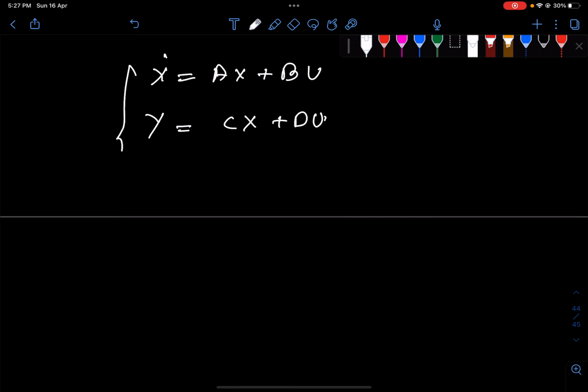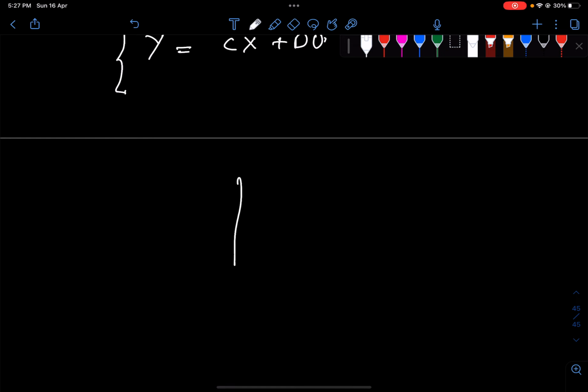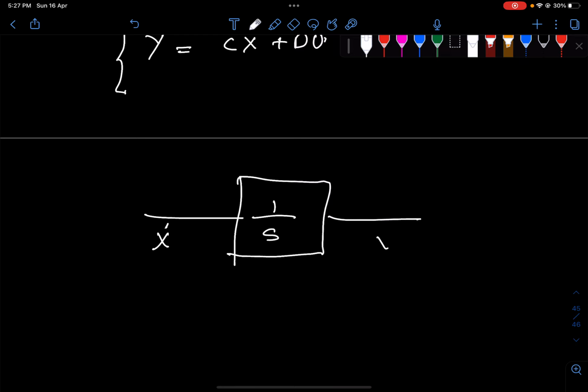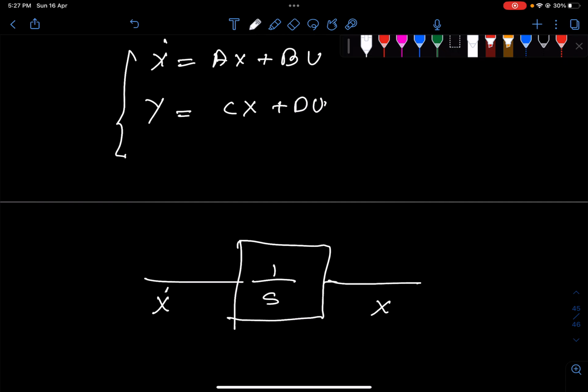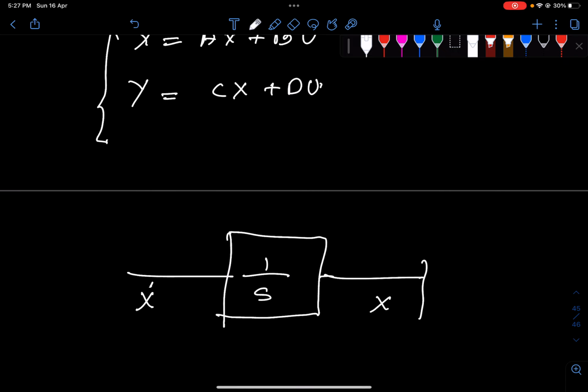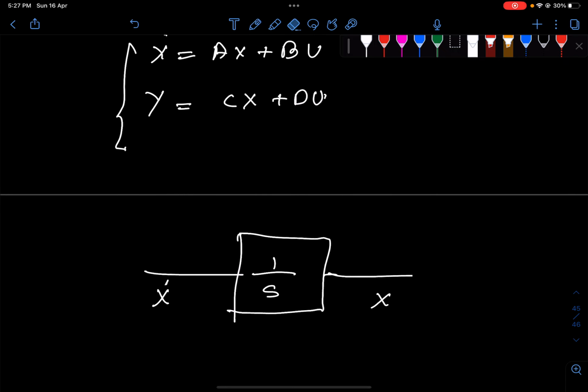If I am drawing a block diagram corresponding to this one, there will be an integrator for sure, and we supply x dot here and get x. If you consider D equal to 0, the output is a scaled version of x. So we will have a small block C and we get the output.